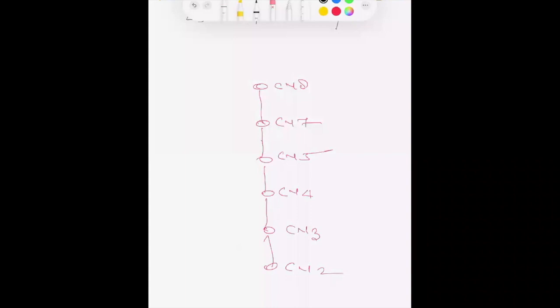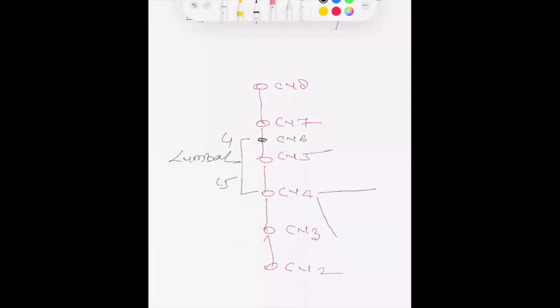Between CV5 to CV7 we have CV6. CV6 to CV4 is the lumbar spine, L1 to L5. And between CV4 to CV3 we have the sacral spine. And CV3 is the tailbone.